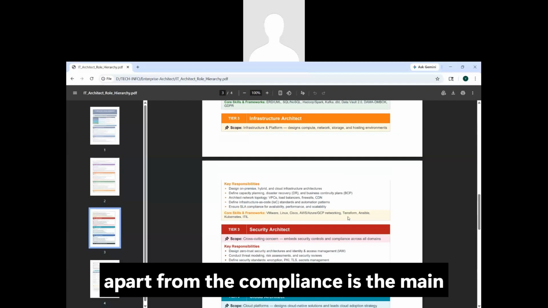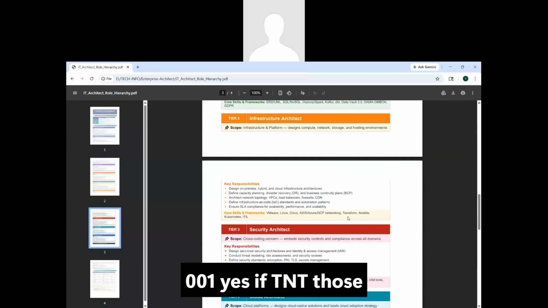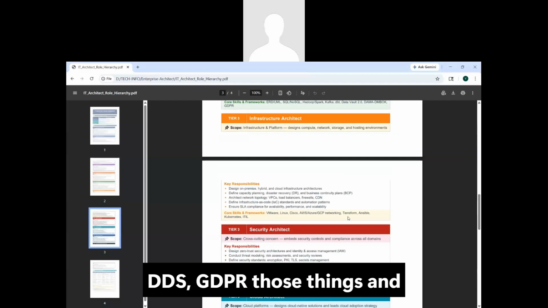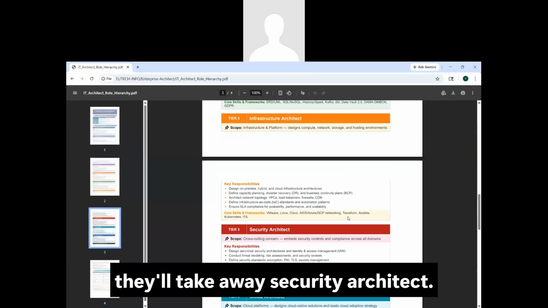Apart from that, compliance is the main component: ISO 27001, SOC, NIST, PCI DSS, GDPR, those are taken care of by the security architect.